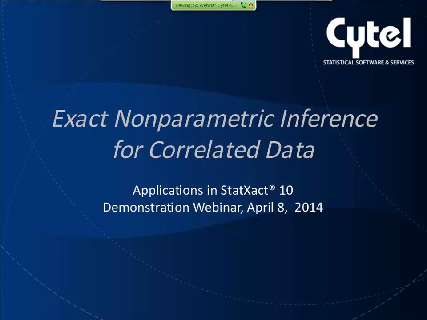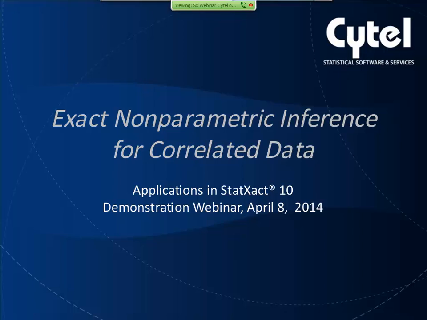Another question was about the capabilities of StatXact 10 beyond what's available in, say, SAS and R. I wouldn't say that StatXact is directly competing with SAS and R. In my mind, StatXact has filled an important niche in the world of exact inference. What Cytel tries to do through its Proc StatXact and Proc LogXact products is to provide an important complement to what's already out there.